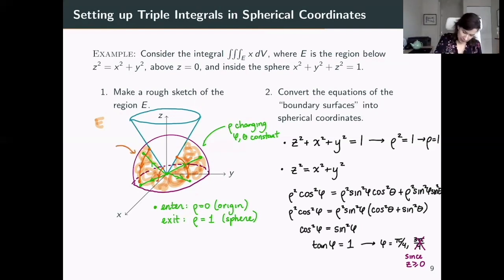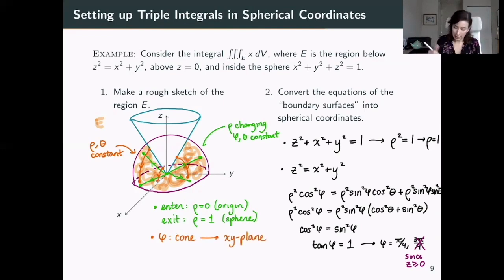In those instances, our rho and our theta are being held constant. And we can see that where our phi is changing, it's always starting from the cone and then exiting through the bottom of the sphere. So we seem to be going from the cone to the xy plane.